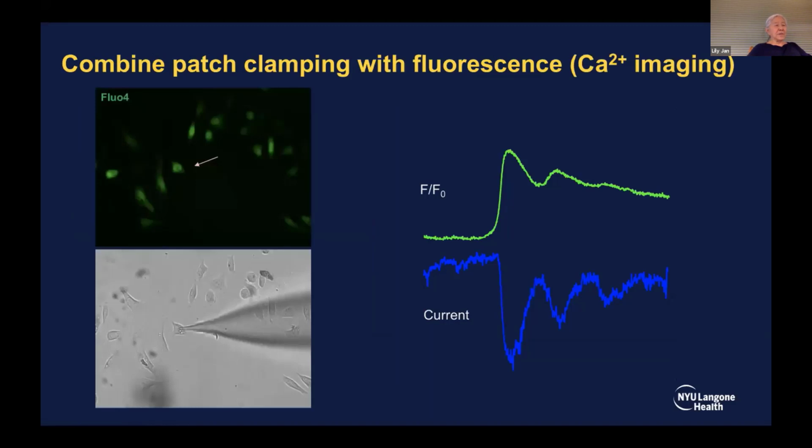It's also possible to monitor calcium in the cell concurrently with patch recording in whole cell mode. In this case, the cells are loaded with the calcium dye Fluo-4, and so we can see the calcium imaging at the same time as recording with the patch electrode.